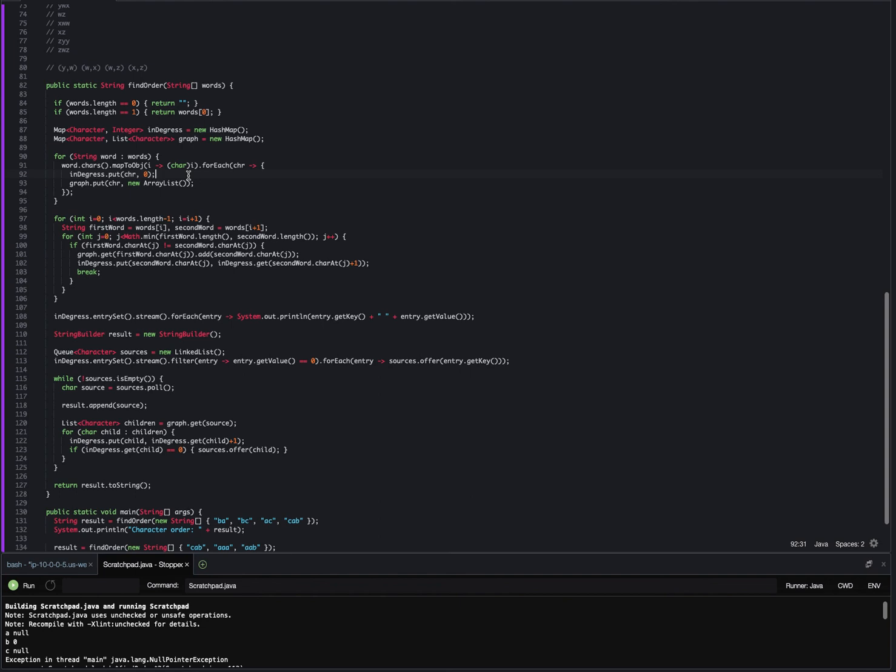And also it's kind of messed up, right? It doesn't actually have the counts, it seems. Okay, so the in-degree definitely is not getting populated in the way we wish it should.